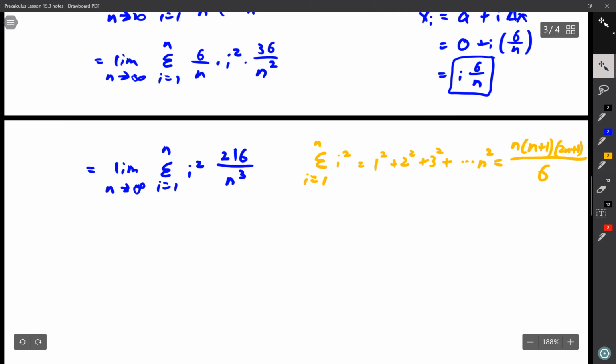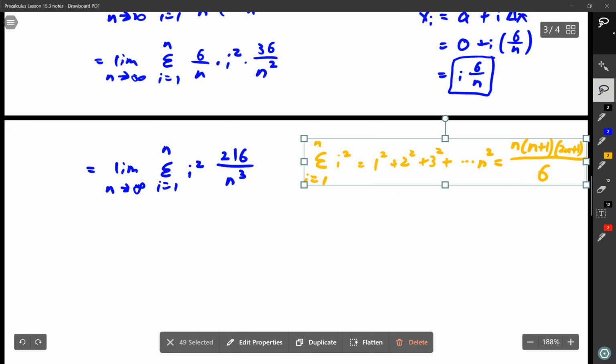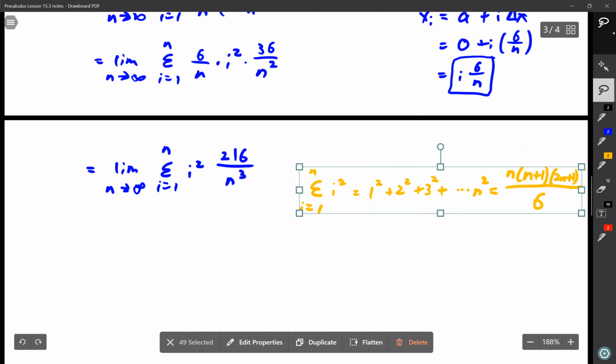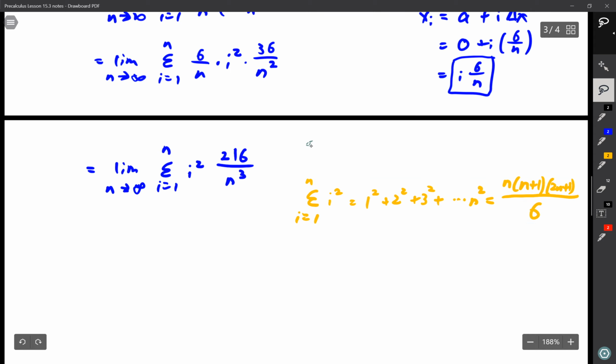Likewise, if I scooch this down a little bit just to keep them in order, the sum from i equals 1 to n of i, well, that's 1 plus 2 plus 3 plus dot, dot, dot, plus n. That is the same thing as n times n plus 1 over 2.